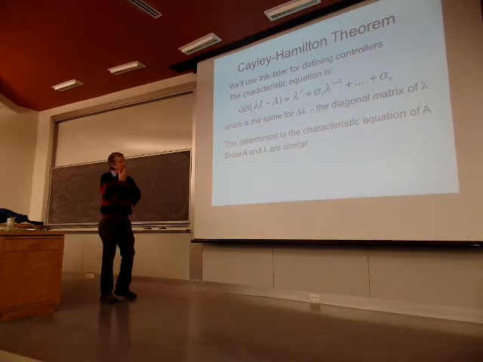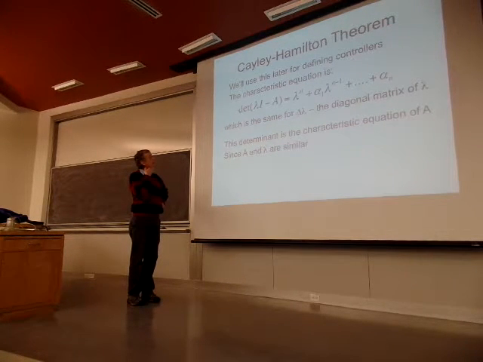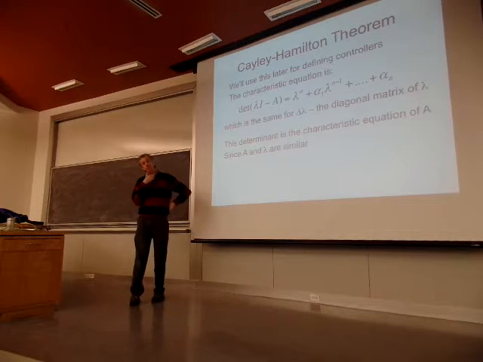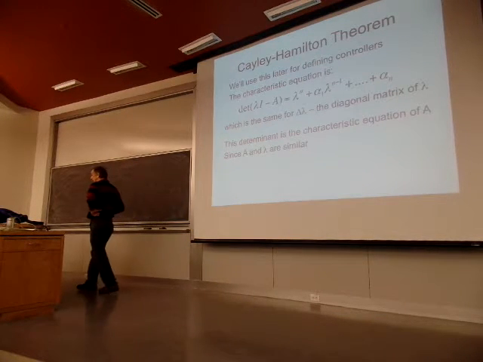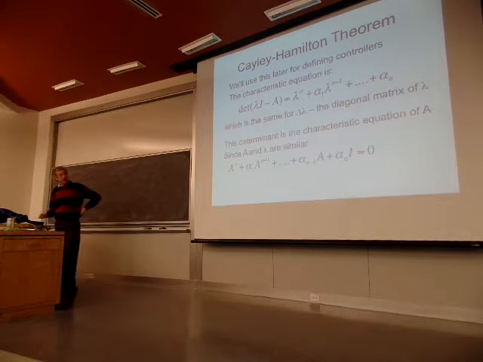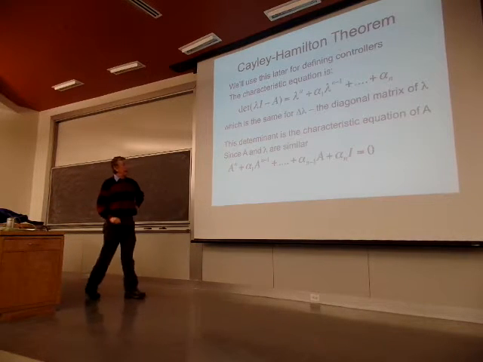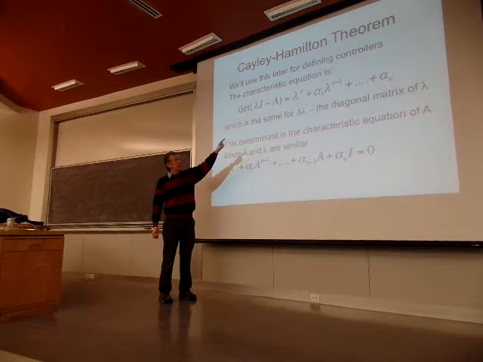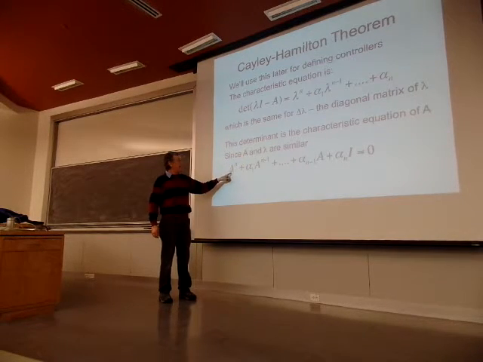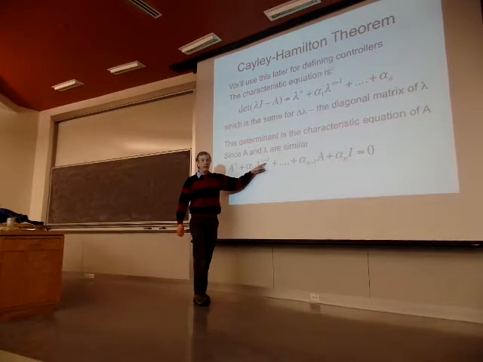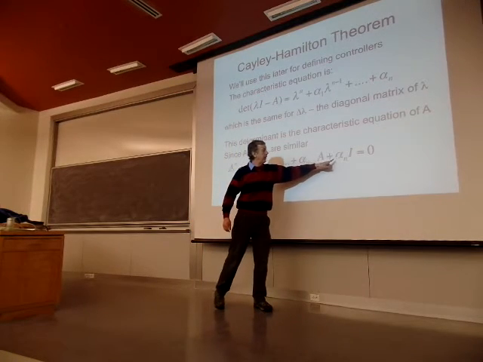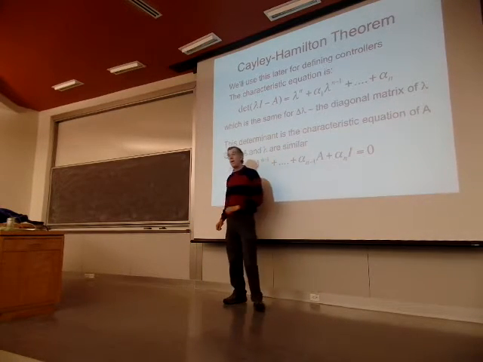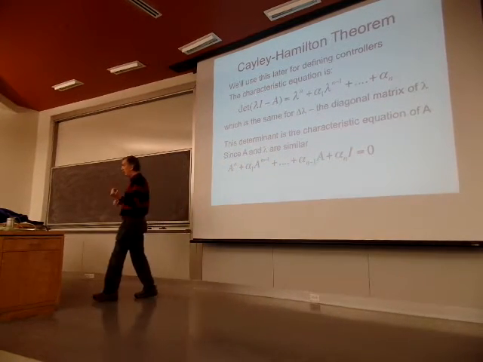Well, the determinant is the characteristic polynomial of A. And since A and lambda are similar, you have to have the same characteristic equations. That says, instead of saying lambda to the n plus alpha 1 lambda to the n minus 1, I can put in A to the n, alpha 1 A to the n minus 1, and so forth, all the way up to alpha n times I. So instead of putting lambdas, I can put in the A matrix.